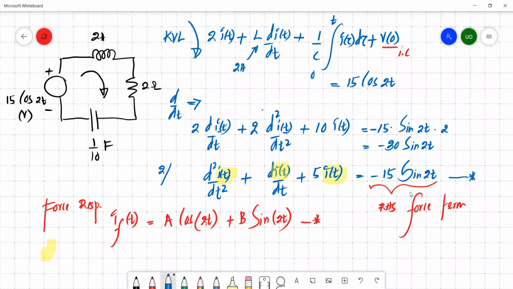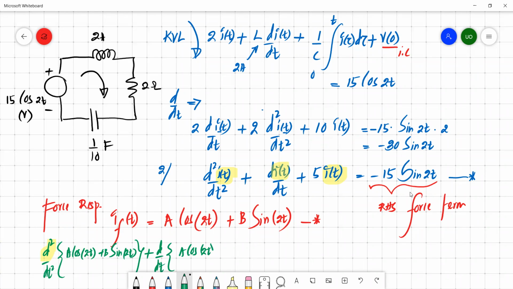So d squared over dt squared of a cos 2t plus b sine 2t. Then you have the first order derivative of a cos 2t plus b sine 2t.